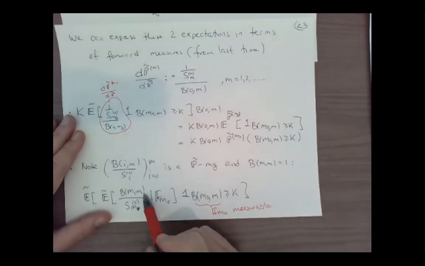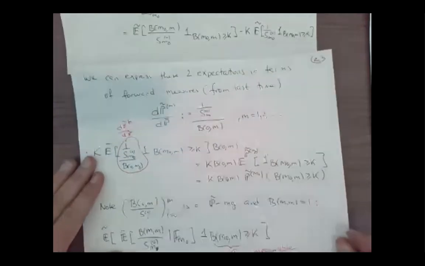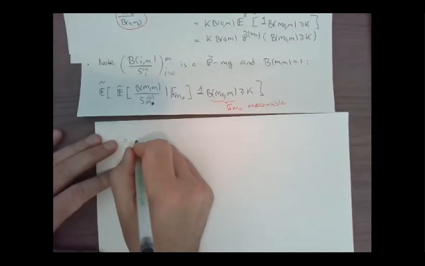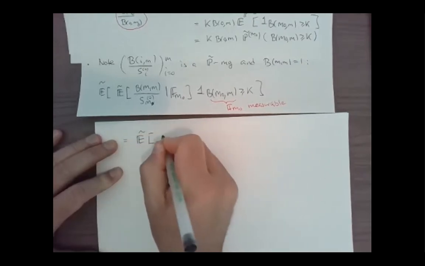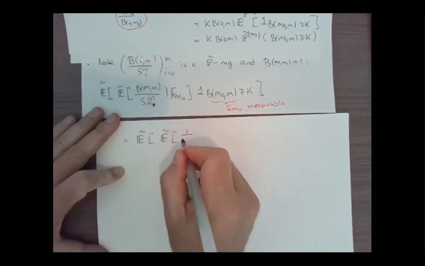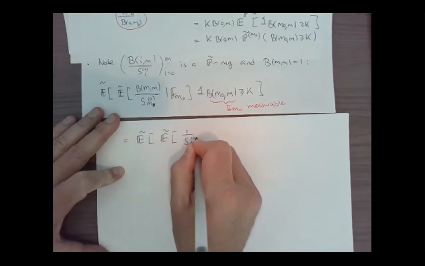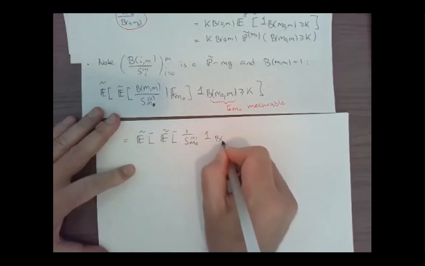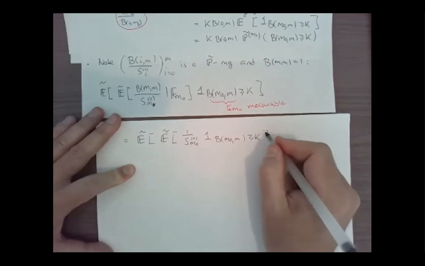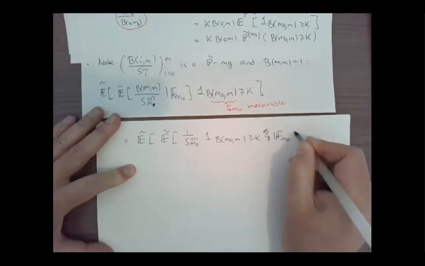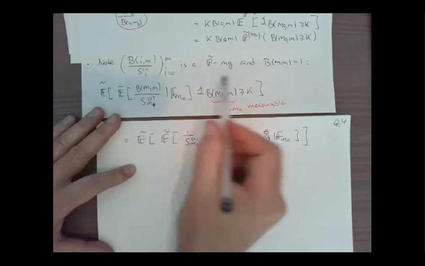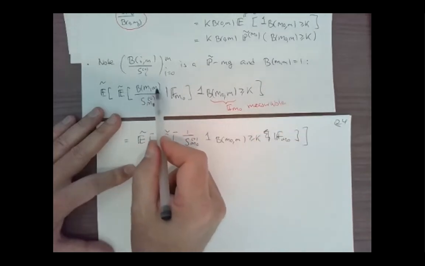Right, so this can go inside the conditional expectation. This can go inside the expectation. This is a 1, as the indicator that B_M0(M) is bigger than K. It's a lot of writing, but this was the property here, that was a 1, so we put a 1 here instead.